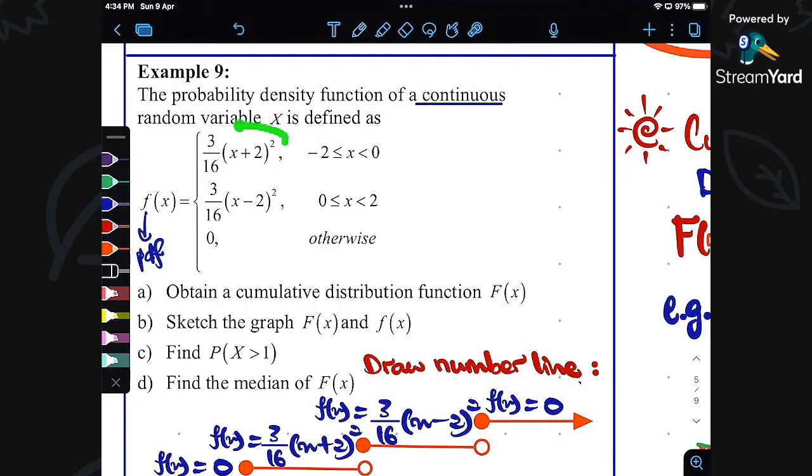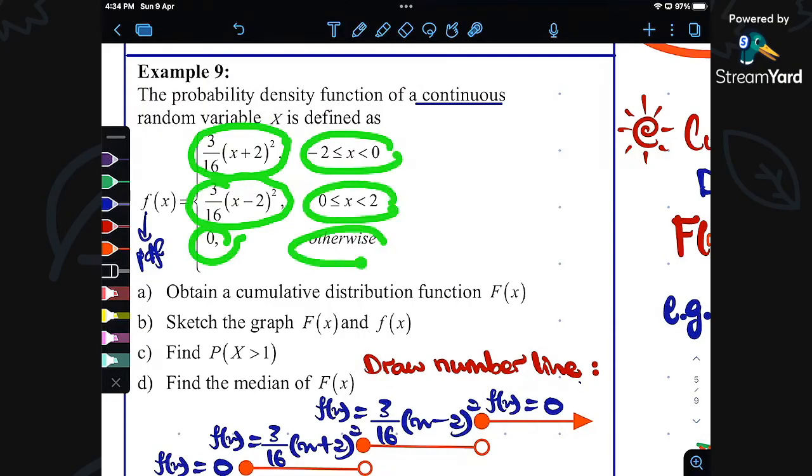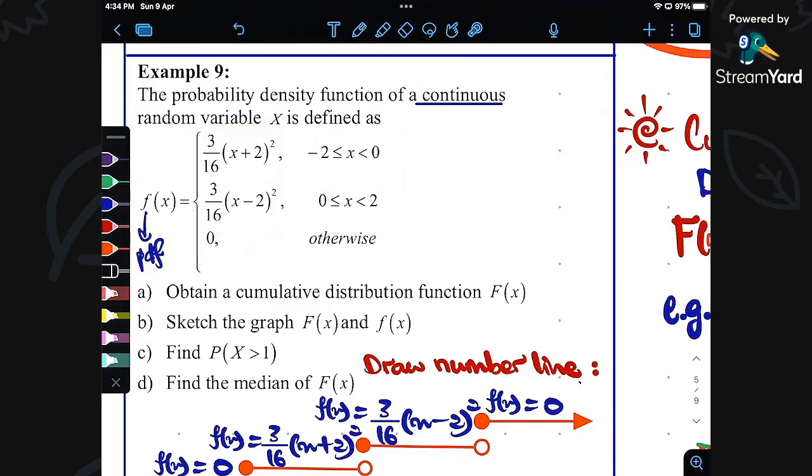Now we have been given three functions with three different conditions. All of these are very different. Two are quite similar, but if you look very closely, one is plus and one is minus.